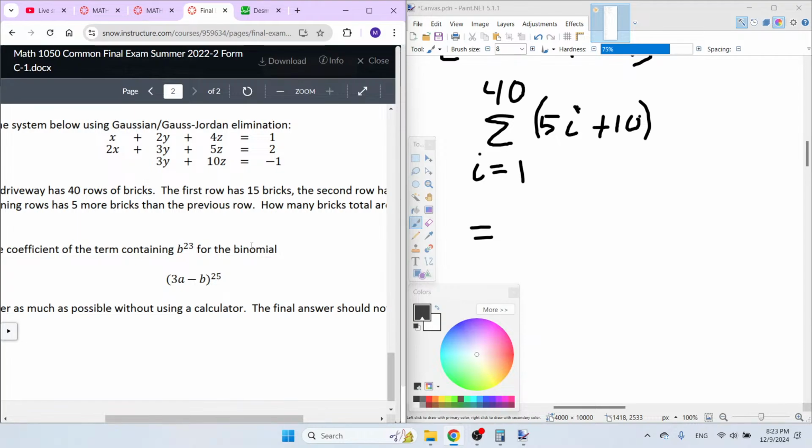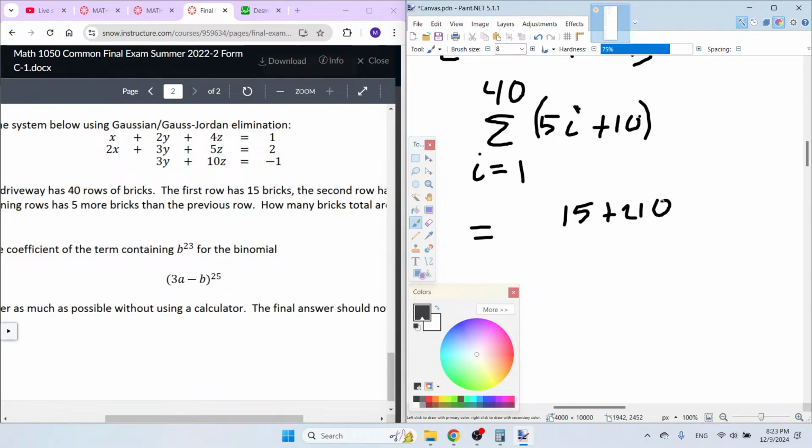First row is when i is 1. That gives us 15 as we expected from the problem statement. The 40th row, 5 times 40 is 200, plus 10 is 210. We want to multiply that by the number of rows, which is 40, and divide by 2.